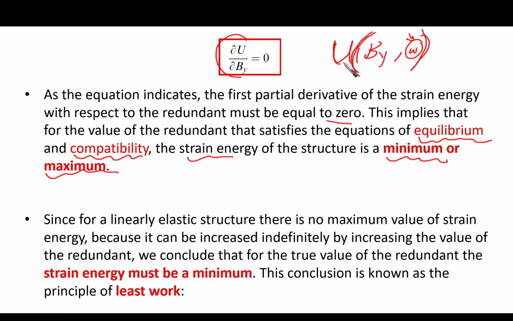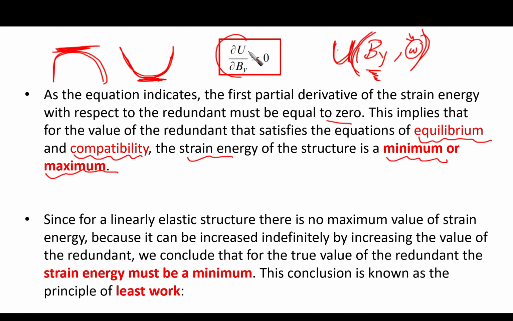If we say that the derivative of this function with respect to the redundant, By, partial U partial By, equals 0, what does this mean? It could be a minimum, or it could be a maximum, right?